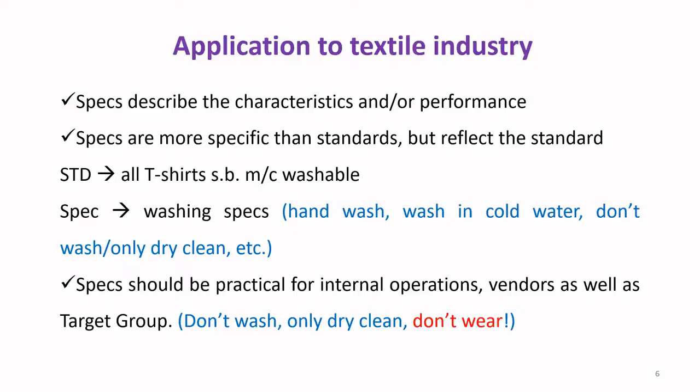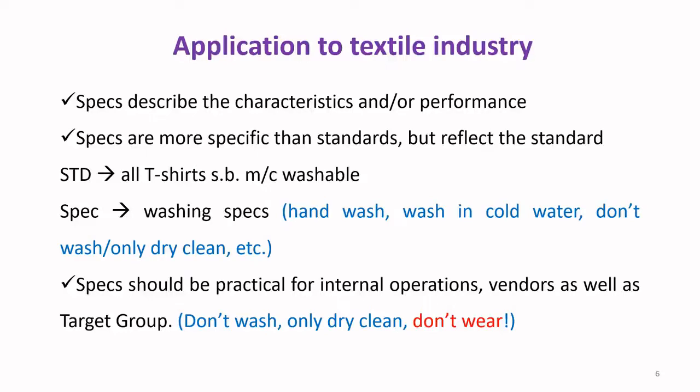So specification should be practical for internal operations, as in when you are specifying, your own company should be able to handle that specification. Your vendor should be able to make the product as per that specification, and your customer should not find difficulty in handling the product because the specifications are so strict, so tight, so impractical.